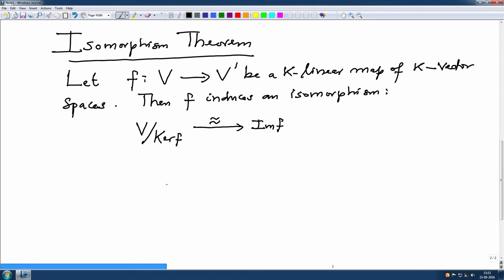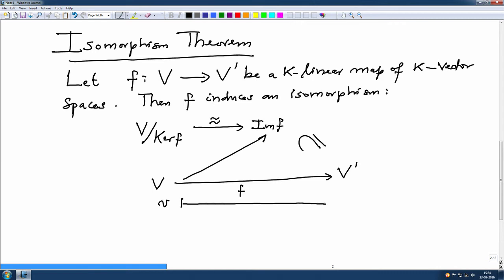We have given F from V to V prime, but actually the image of this F really goes inside the image. By definition, any V goes to F of V, but F of V is already in the image. So, therefore, you can think of it as a map from here to here.